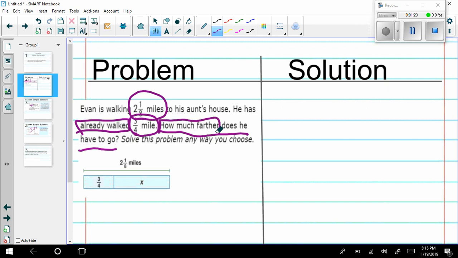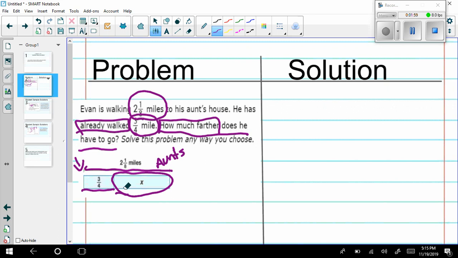Next, I need to visualize and evaluate. The picture here is a great visual of what happened. Evan needs to walk a total of 2 1/8 mile to get to his aunt's house, but he's already walked 3/4 of that, so I need to find the difference between 3/4 and 2 1/8 miles to know how much he has left to walk.